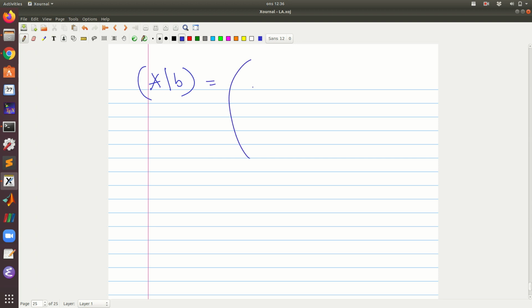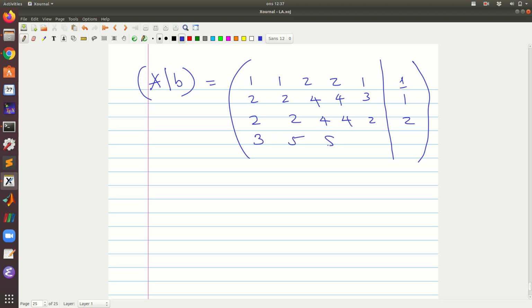For the augmented system, we have 1, 2, 1, and then on the right hand side vector we have 1, then we have 2, 4, 3, 1, and then we have 2, 4, 2, then we have 3, 5, 8, 6, 5, and 3.